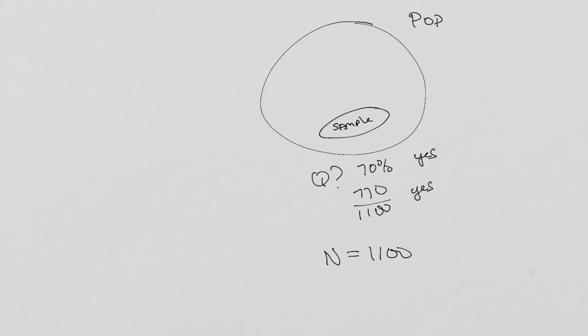So I could ask this question as a proportion type of question, saying what proportion says yes, or I could say what count, what number, what average says yes. So we are in chapter 9, trying to estimate the population's parameter. That's what the actual values from the population are, right? Those are called parameters. So what we're doing is taking a statistic from the sample.